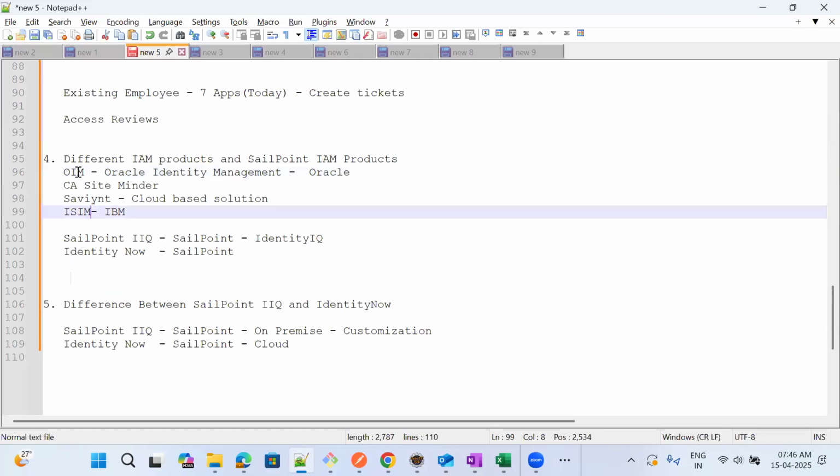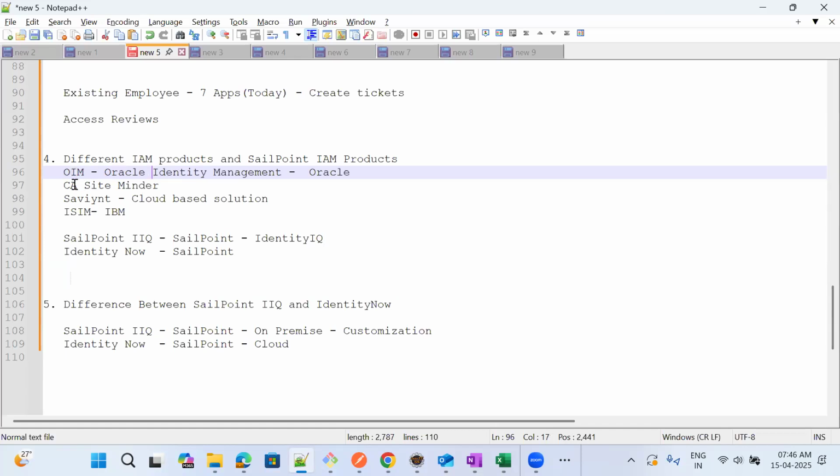This OIM has become legacy. They have not updated the tool with the latest requirements that we need, so most people are not using it, but we still have this tool available.